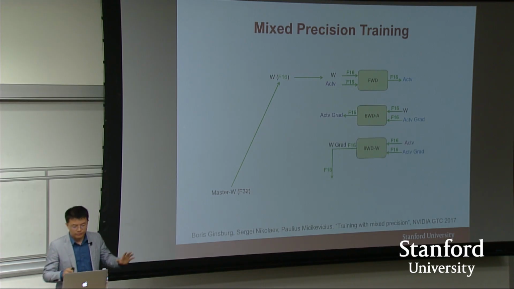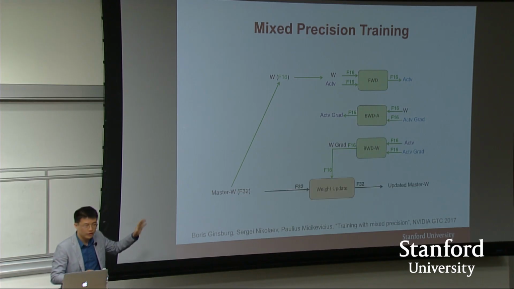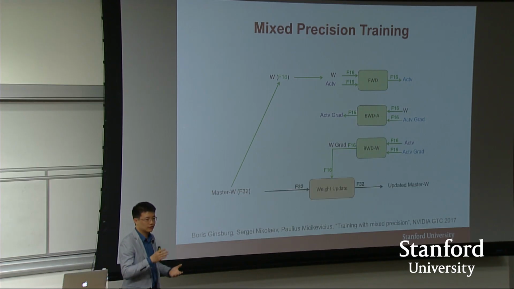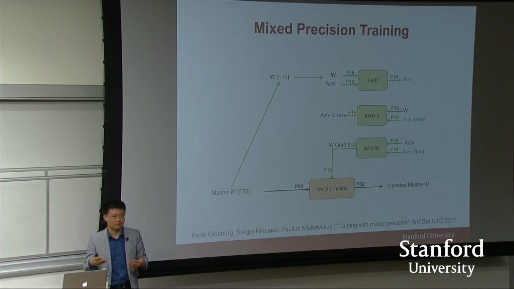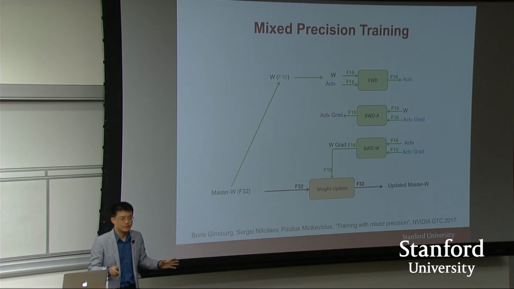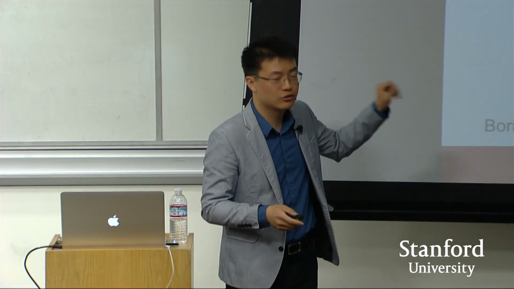Very interesting here, for the weights, we get a floating point 16-bit gradient. But when we are doing the update, so W plus learning rate times the gradient, that operation has to be done in 32-bit.